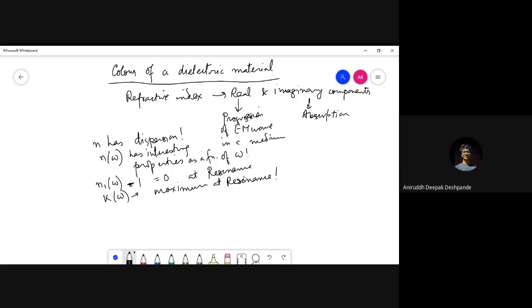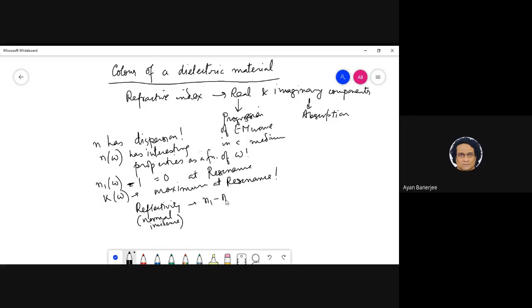Because reflectivity comes from those Fresnel relations, right? Okay, so let us calculate the reflectivity. Again, normal incidence, I'm not complicating affairs. Suppose n1 and n2.